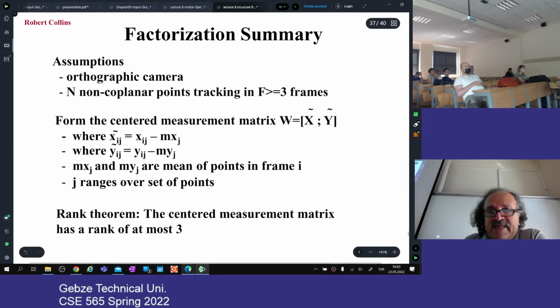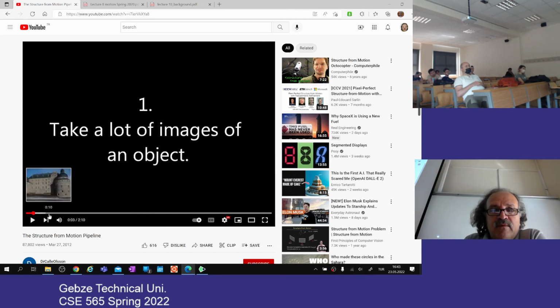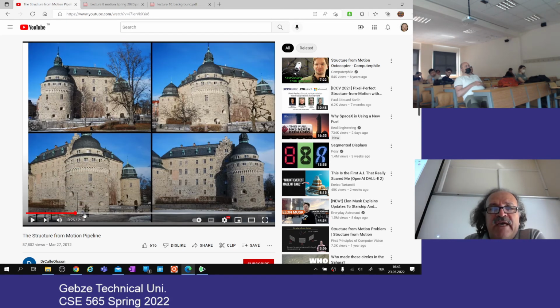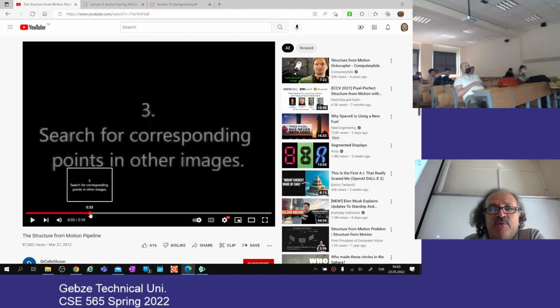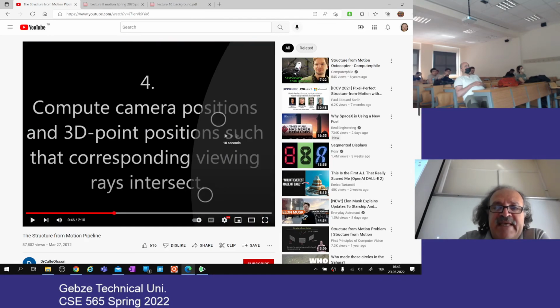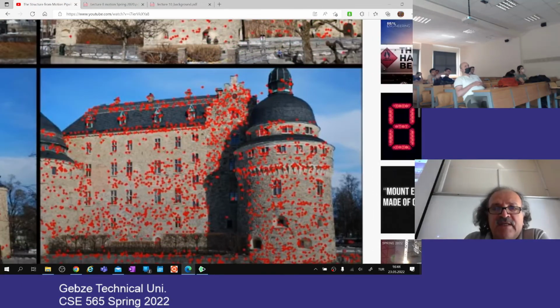Coplanar points are like this: if you get all of your points from the same plane, like this one, then this algorithm is going to fail.